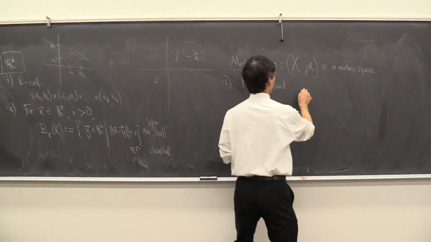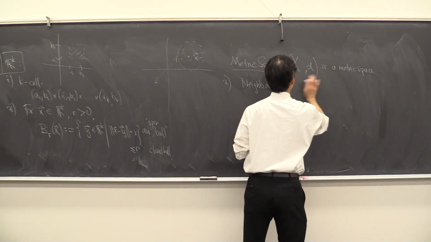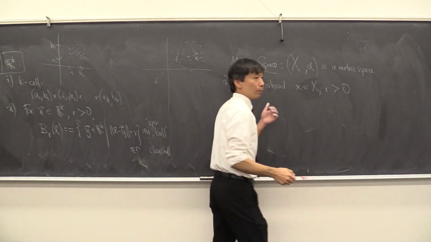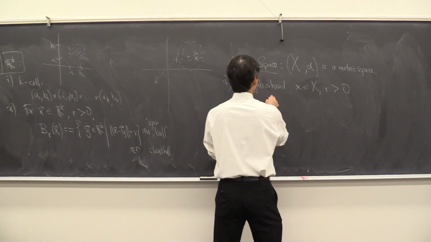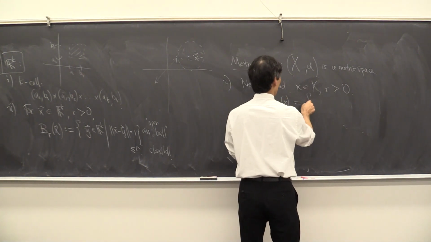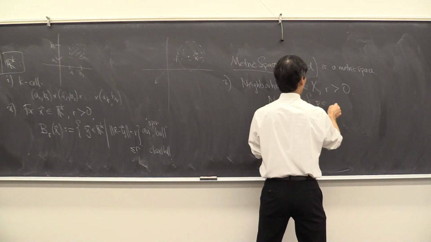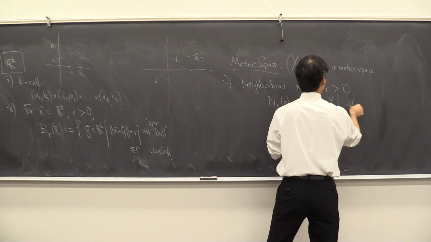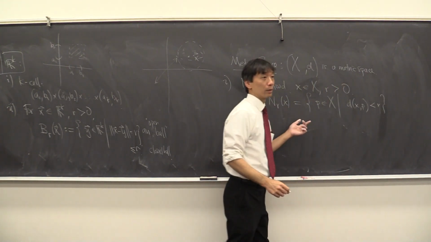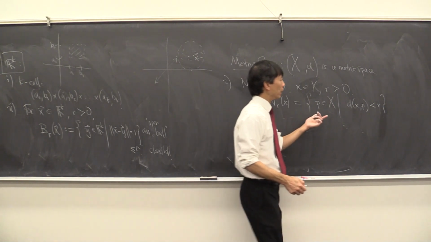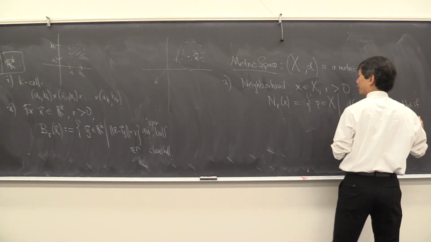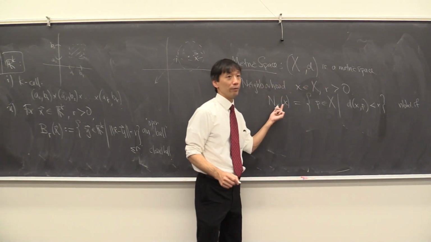If I write N_r(x), where x is a point in X and r is some positive real number, what that means is all the points in X whose distance from x is smaller than r. So this is called a neighborhood, the neighborhood centered at x of radius r.